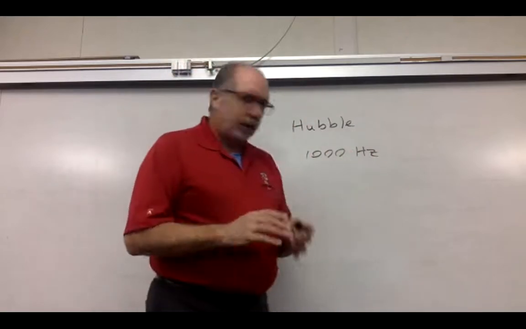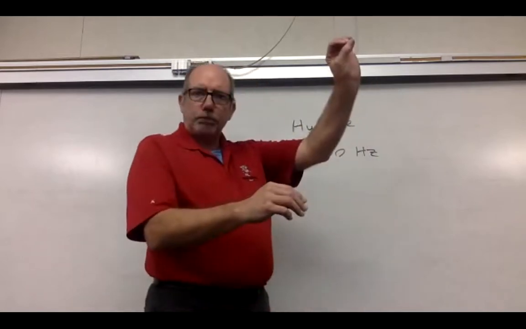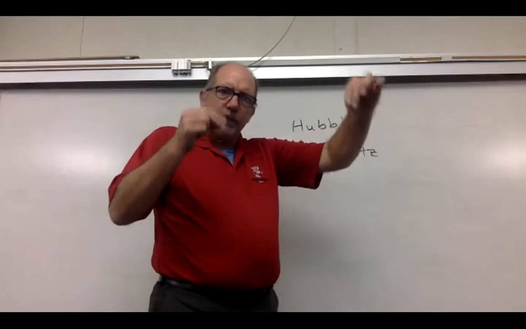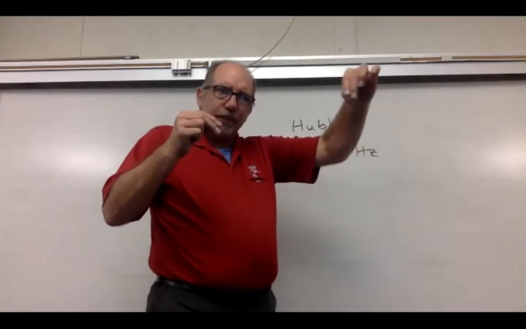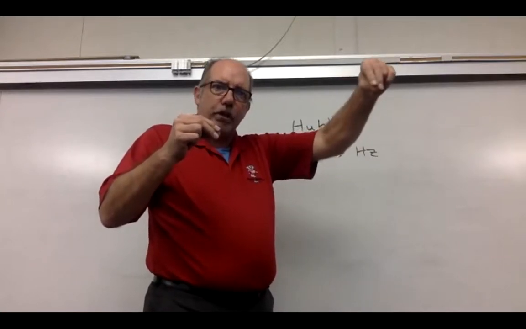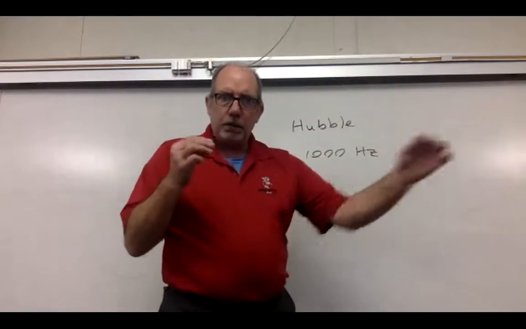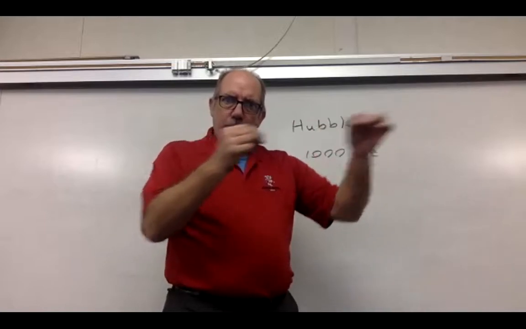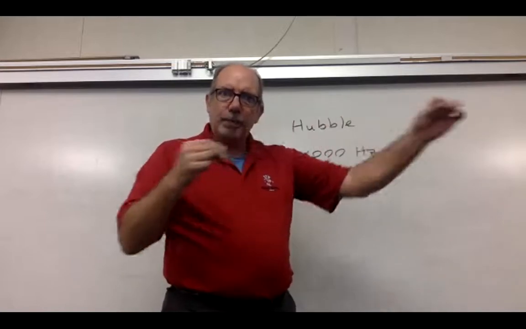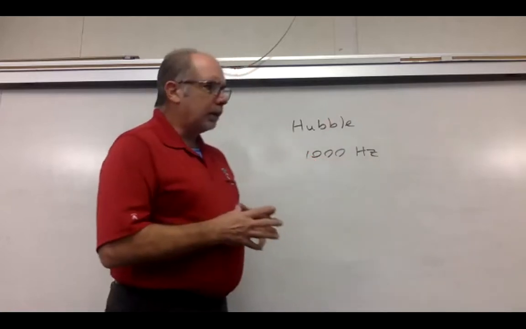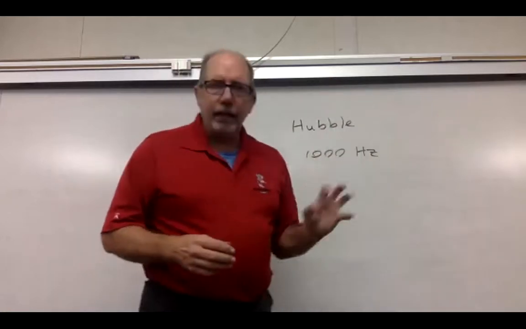Now, Hubble was looking at stars. If the star were stationary relative to us, then the frequency of that star's hydrogen would be 1,000 hertz. But if that star is moving relative to us, then it's going to be different because of the Doppler effect. Same thing. Okay. And what Hubble did was he looked at other galaxies.